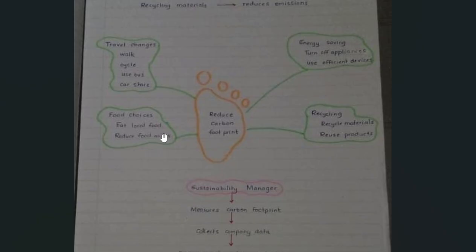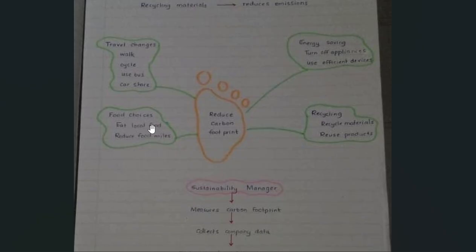Another one is eat local food, which means, let's say you want to make a dish and you can't get the ingredients in your local community, or in your own country, right? Then you have to purchase them from another country or another area.